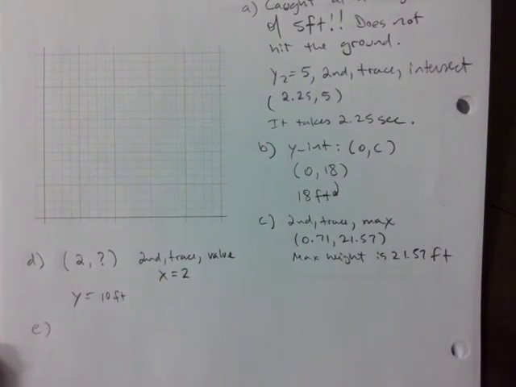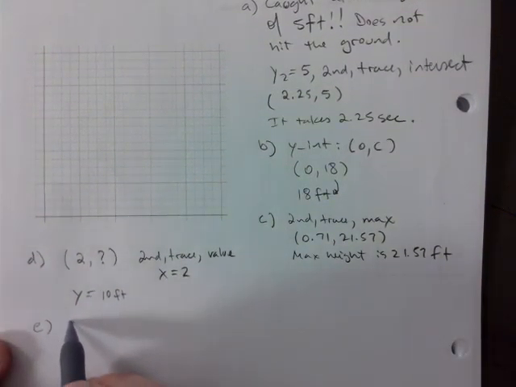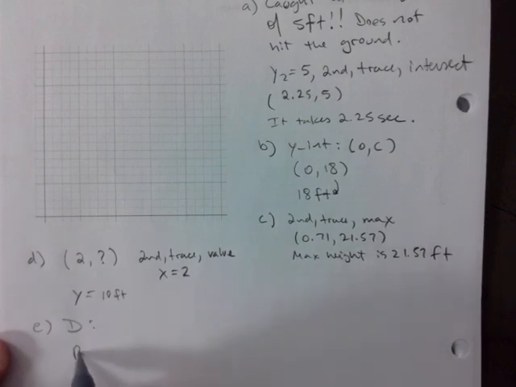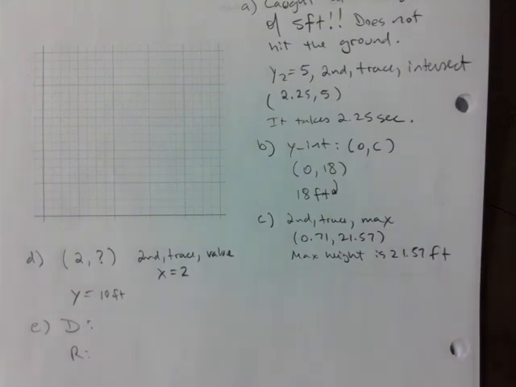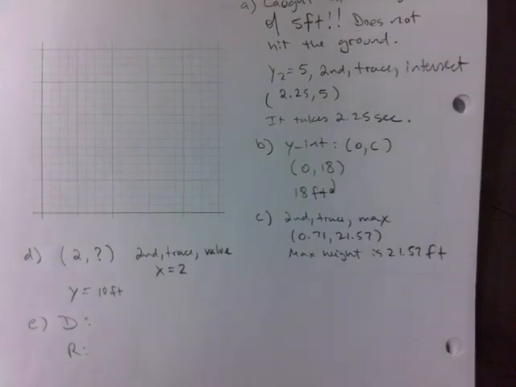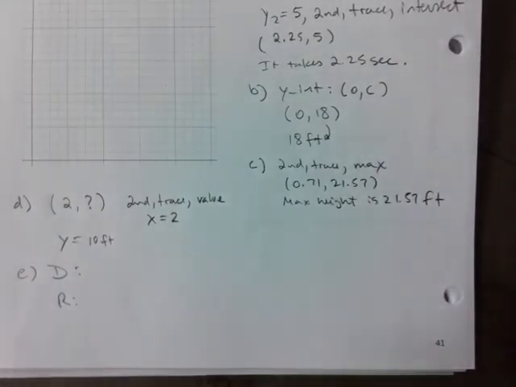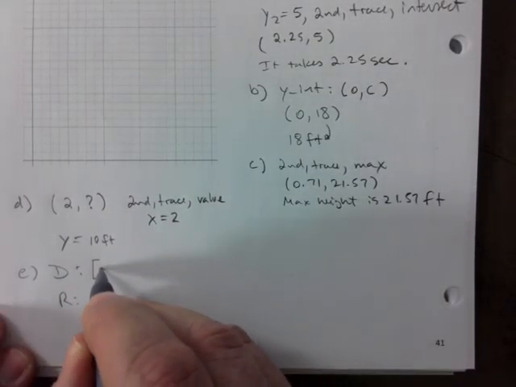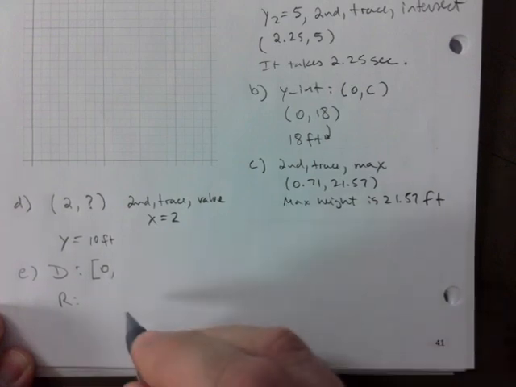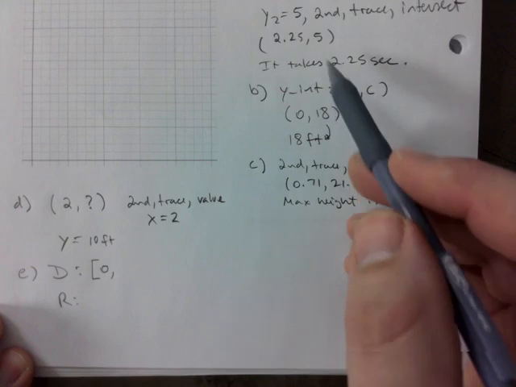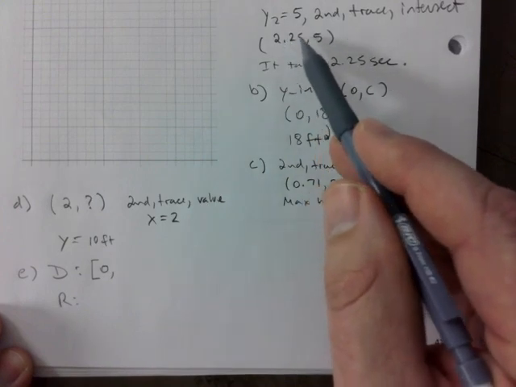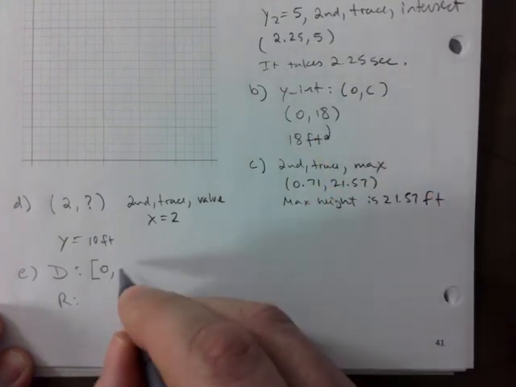E, state the domain and range of the scenario. You know what? I like to have a little sketch. Oftentimes I graph this thing first before I do the domain and range. But in this case, the domain starts at time 0. It's caught 5 feet above ground, correct? So this is where the action stops, 2.25 seconds after it's thrown.